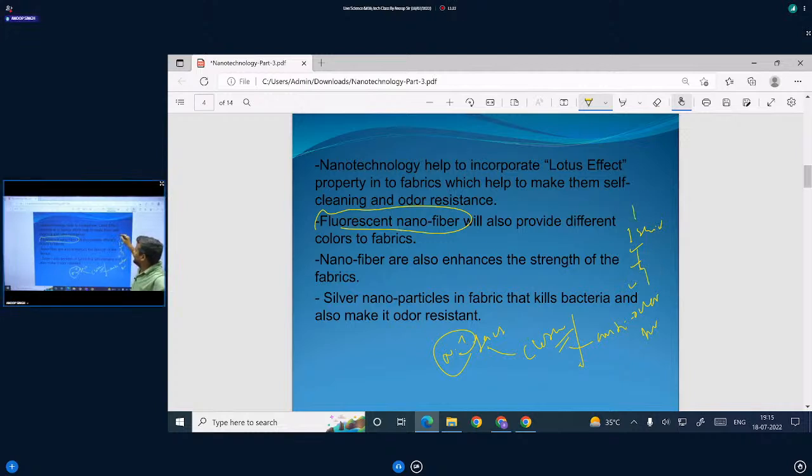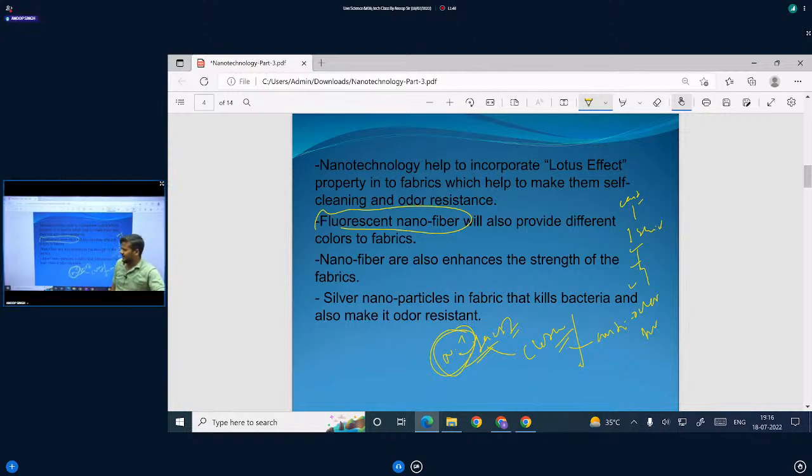It also saves cost. Also, these nanofibers have high strength. So the clothes made up of nanotechnology fibers will be very strong.